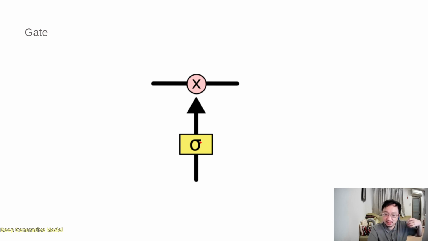Although the sigmoid does not output exactly 0 and 1, because we feed in some real number, not negative infinity or infinity, for most numbers the output of the sigmoid is very close to 0 or very close to 1, maybe 0.99 or 0.01.